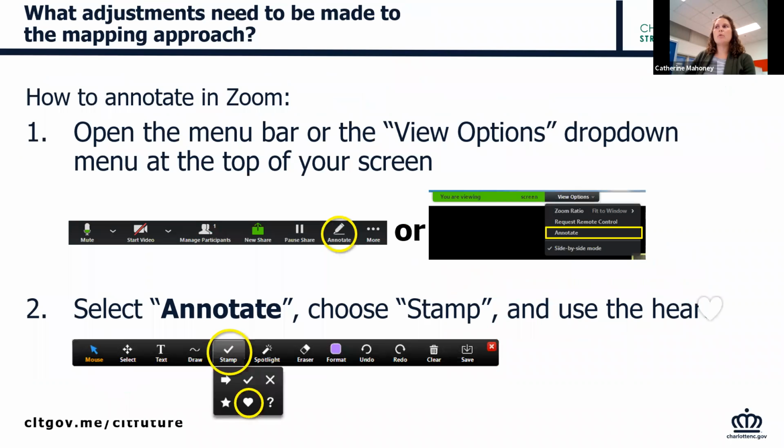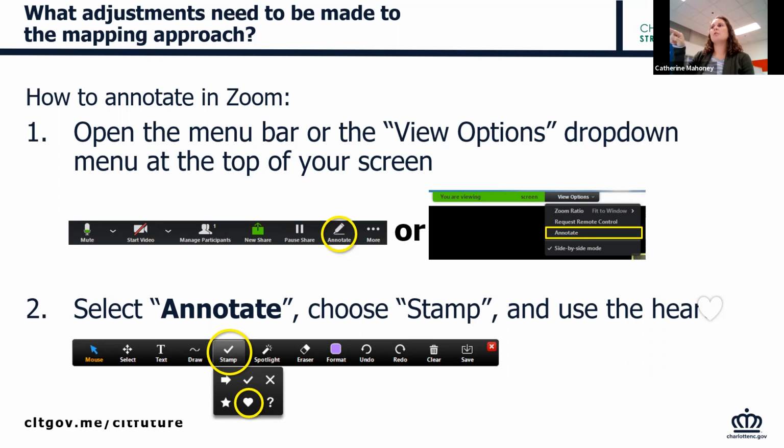And so now we'll open up the map for conversation. How we're going to do this is we're going to use the annotation tool. Ideally we'd be sitting around a table looking at a map together, but we were worried about doing that with the Delta variant. So on your screen, you'll either see an annotation toolbar along the bottom, or if you look at the top, if you don't see it, there's a view options drop down next to the green bar that says you are viewing.